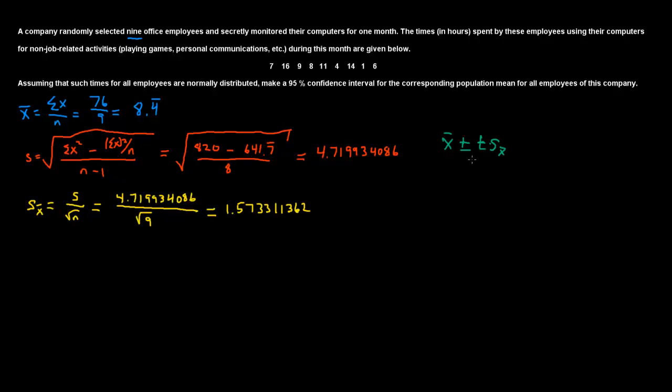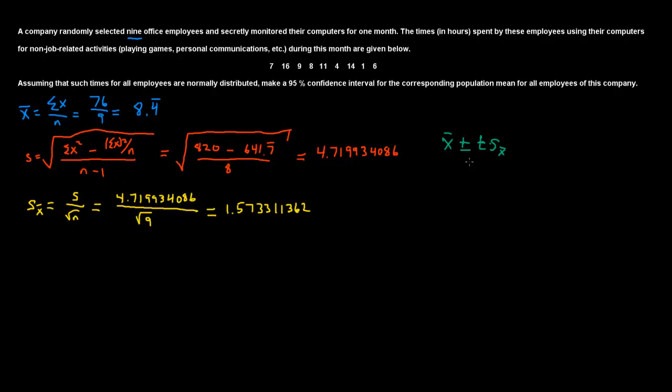Now t is a little bit different to find than z. You know, the table is set up differently. Z values are based on the standard normal distribution. They're just numbers that represent standard deviations. Now the t distribution is actually more like a family of distributions. The distribution changes based on the sample size. Now the term we need to introduce now is degrees of freedom.